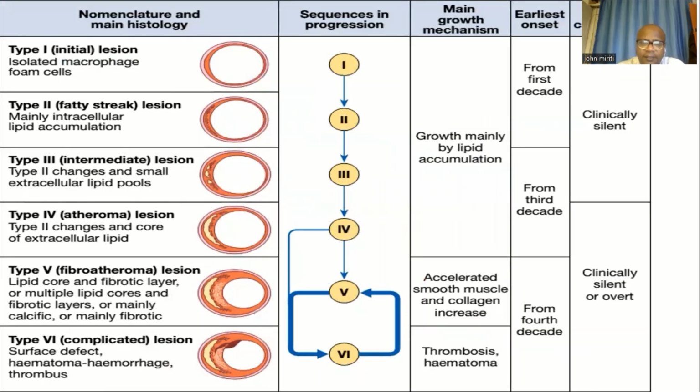So let us see the progression of ischemic heart disease with time, the consequences of the progression, and how this one grows. So in type 1, there is the intimal lesion. The reason is the intimal accumulation of macrophages and foam cells. Then it progresses.